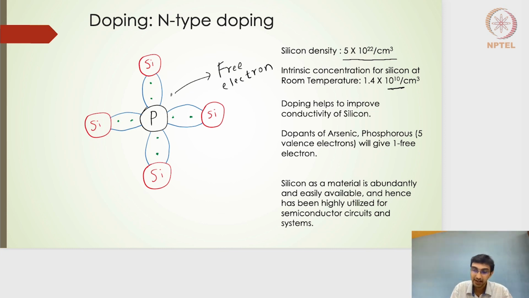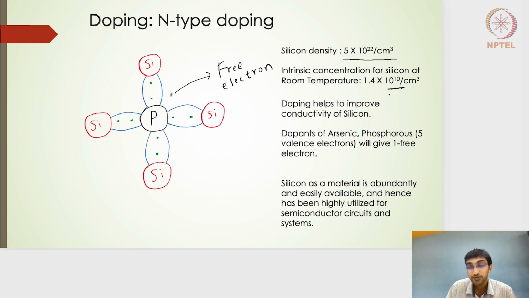If you visualize the silicon atoms and the bonds being broken, that means I get free electrons.